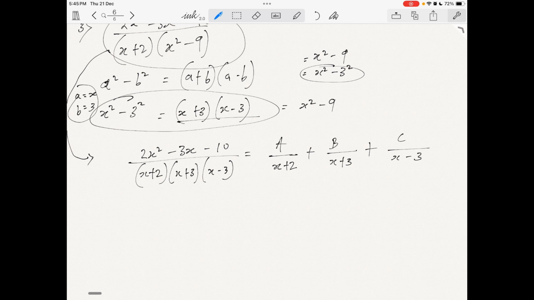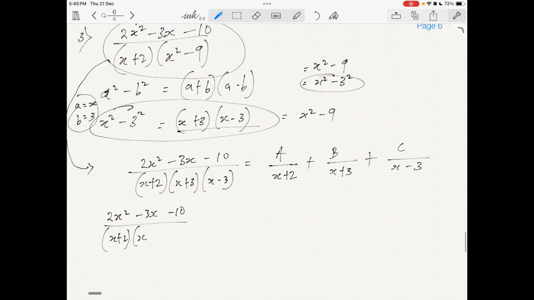Right? So the next step is to obviously find the LCM. So we have 2x squared minus 3x minus 10 divided by x plus 2 and x plus 3 and x minus 3.